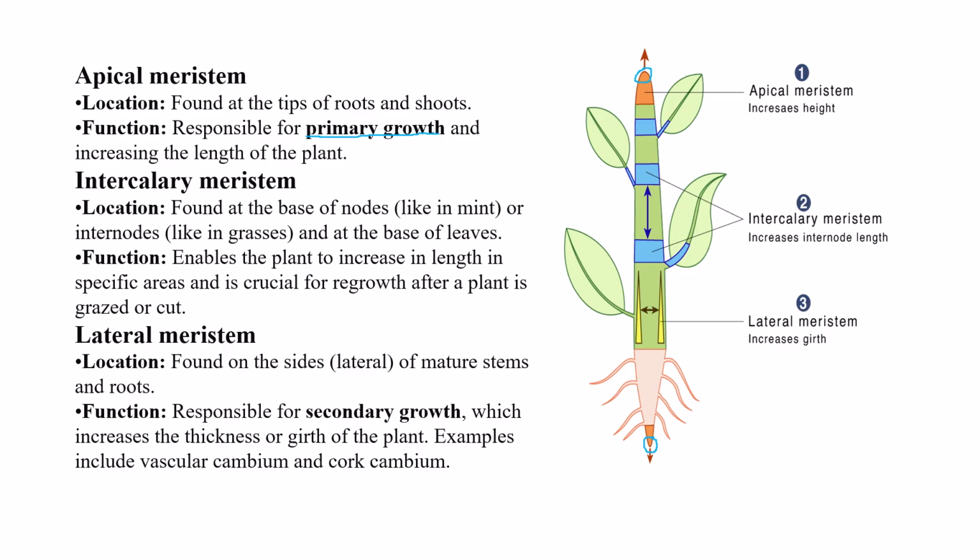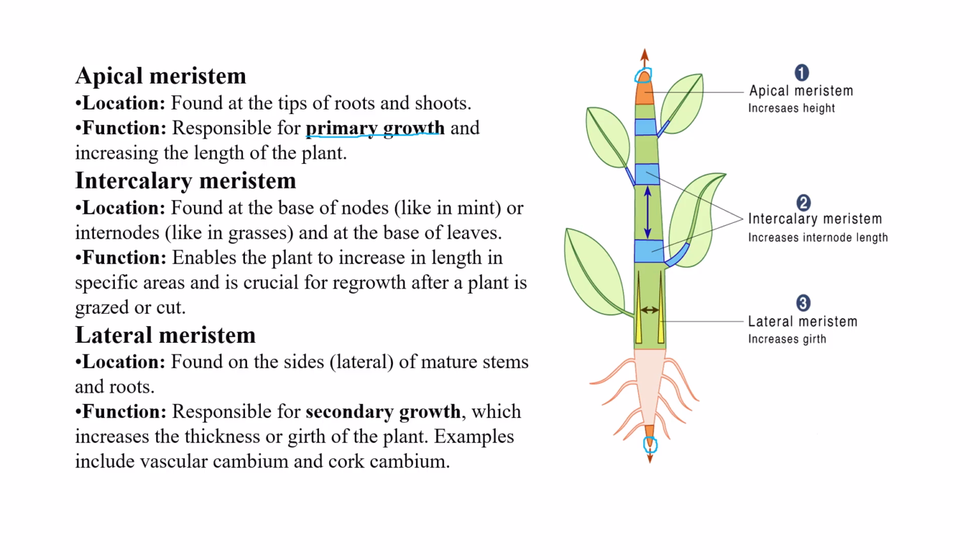Then intercalary meristem is found at the base of the nodes. See here, intercalary meristem is found at the base of the nodes, like in mint, or internodes, at the base of the leaves, like in grasses. What are its functions?